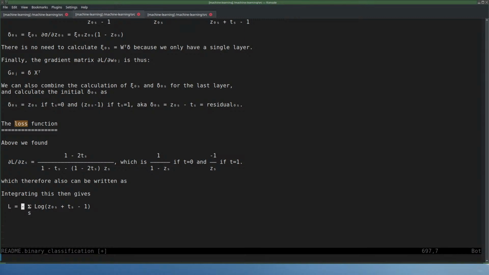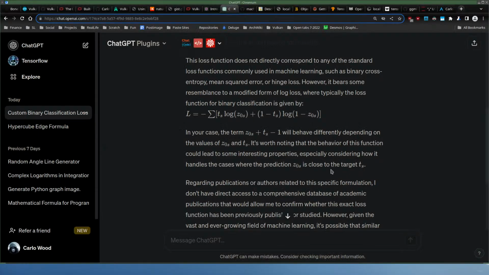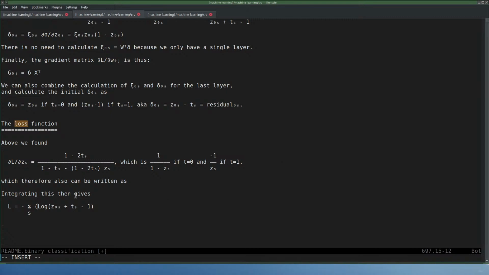So instead we're going to integrate it in parts. So I start with t times log. This should be the integral of the case t equals 1.